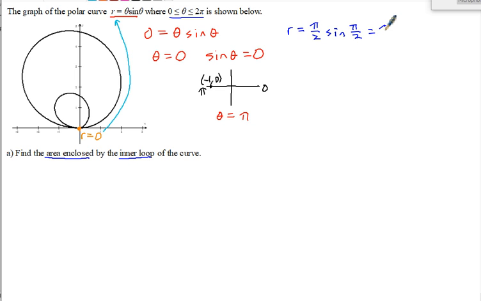But that's pi over 2, and then the sine of pi over 2 right here is 1. So that's pi over 2 times 1. Well, that's pi is about approximately 3.14.